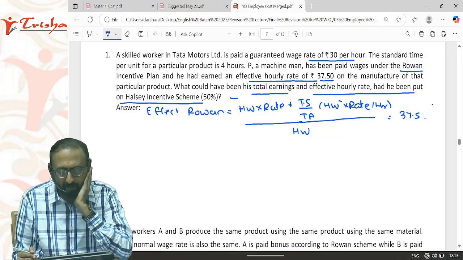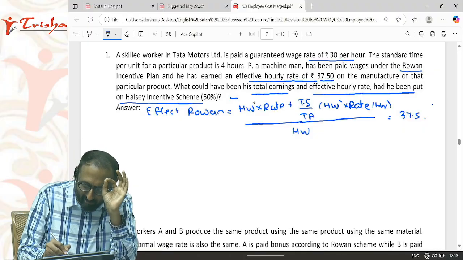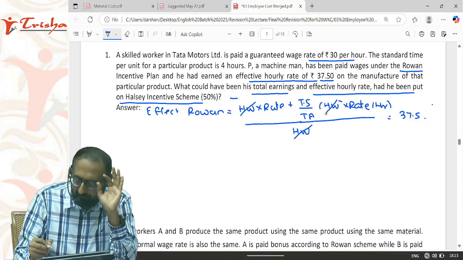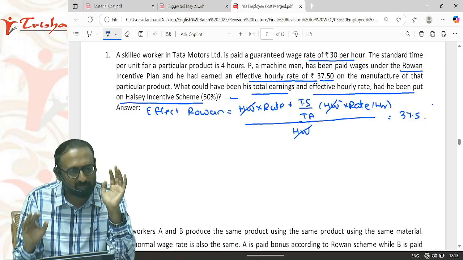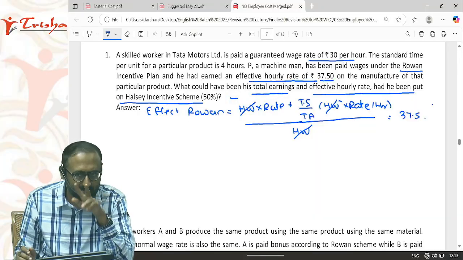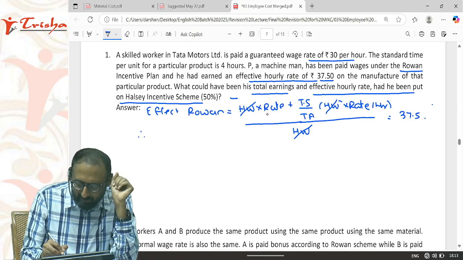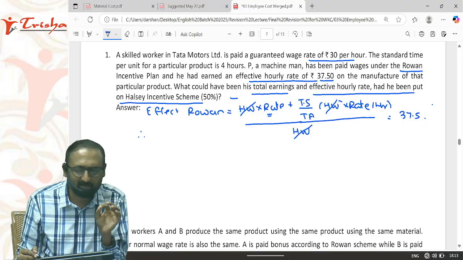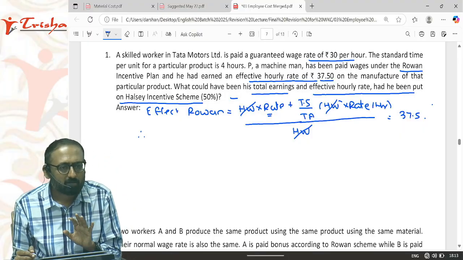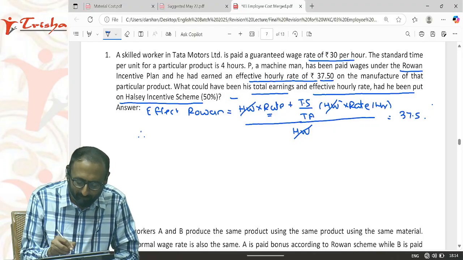Now you can decide that hours worked will get cancelled. There is hours worked on both sides, in the numerator and the denominator, so it will get cancelled if you take hours worked as a common factor. Now for rate per hour, should I write 30 rupees or 37.5? The basic wage rate, rupees 30.